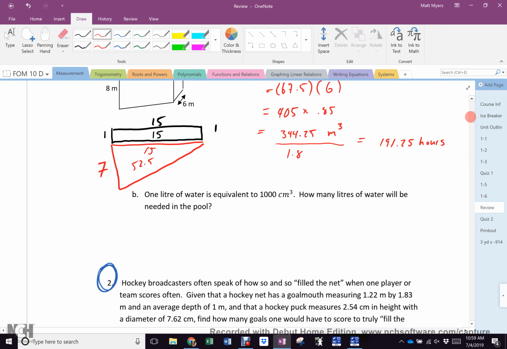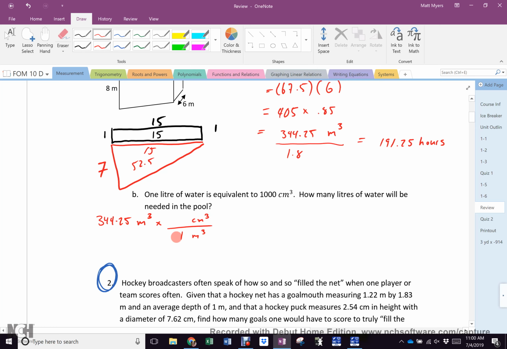Now this next one is kind of tricky. 1 liter equals 1,000 centimeters cubed. Well, I have 344.25 meters cubed. I need centimeters cubed. So I need centimeters cubed over meters cubed.